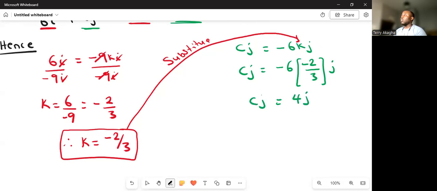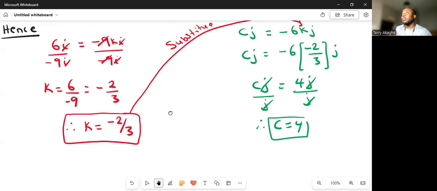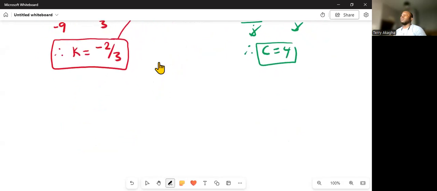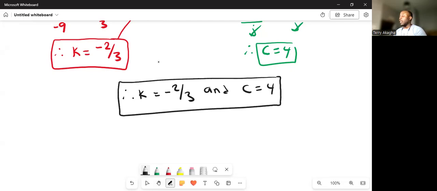Then we have cj, and we're looking for c, so we divide both sides by j. This will cancel that. So therefore, c is equal to 4. So for that to be parallel, like the question suggested, k is going to be equal to minus 2 over 3, and c is going to be equal to 4. And that will be the answer for that.